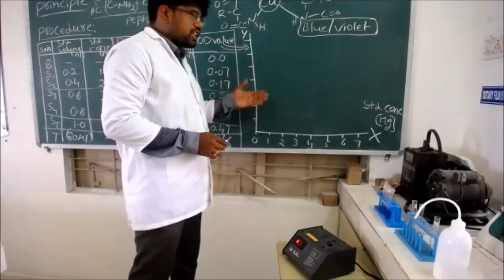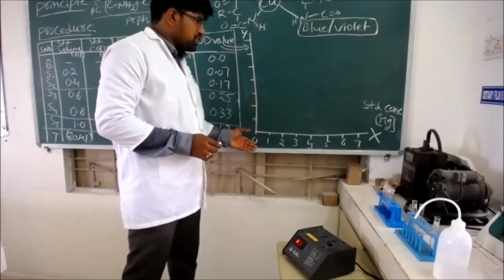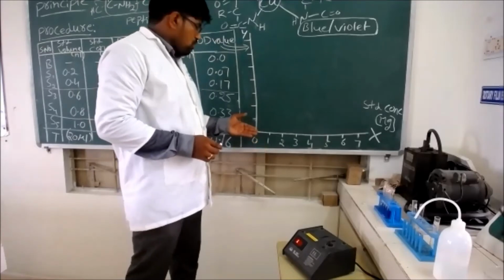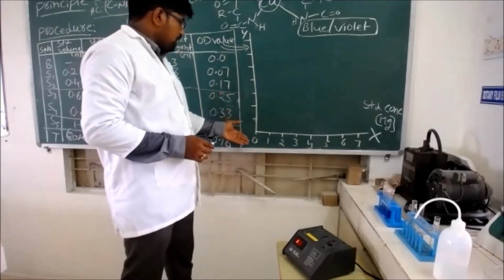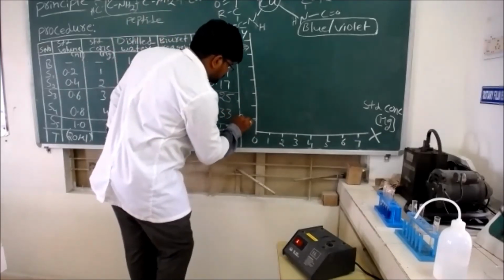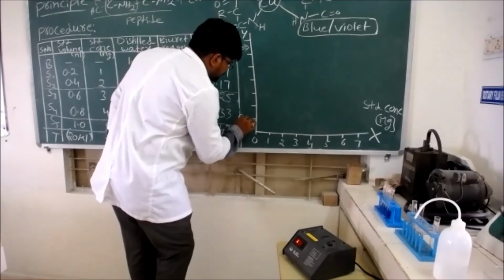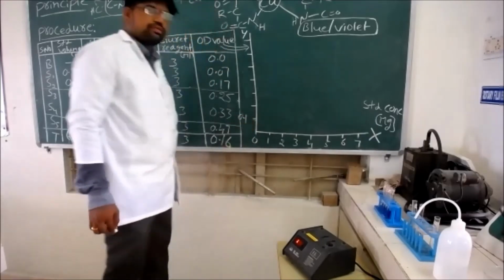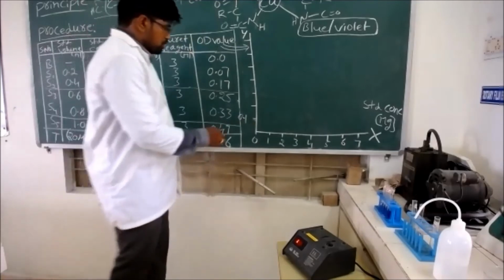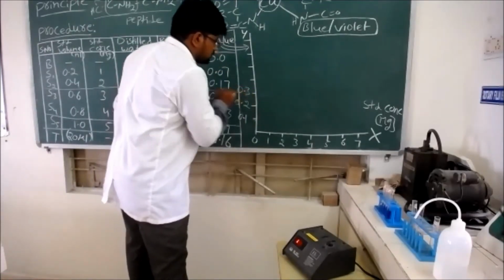Now the scale of the graph: on the x-axis, 1 centimeter is equal to 1 mg. On the y-axis, you take 1 centimeter is equal to 0.1, 0.2, 0.3.